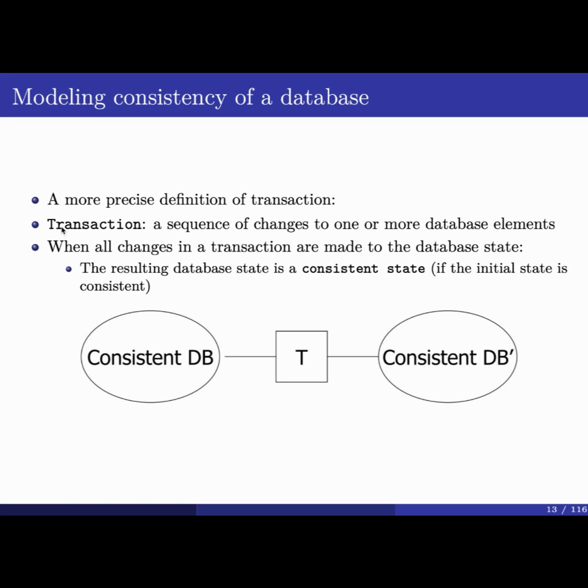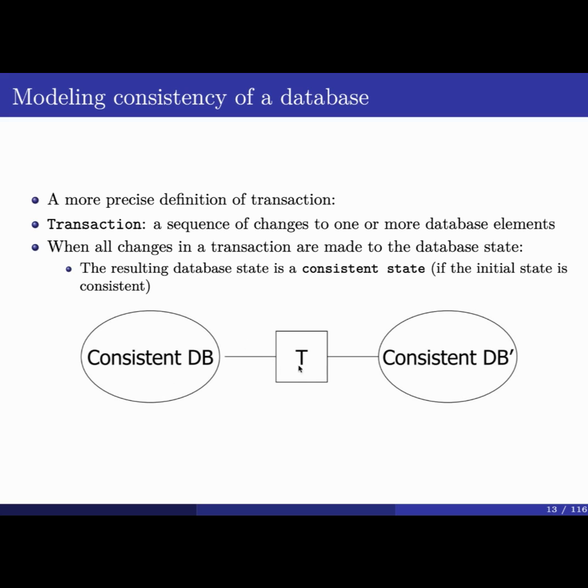We can modify the transaction definition a little bit. It is the same thing: a sequence of changes, or set of operations you perform in order to execute, let's say, a query. And the new thing added is that all the changes are made to the database state. The database system starts in a consistent state.